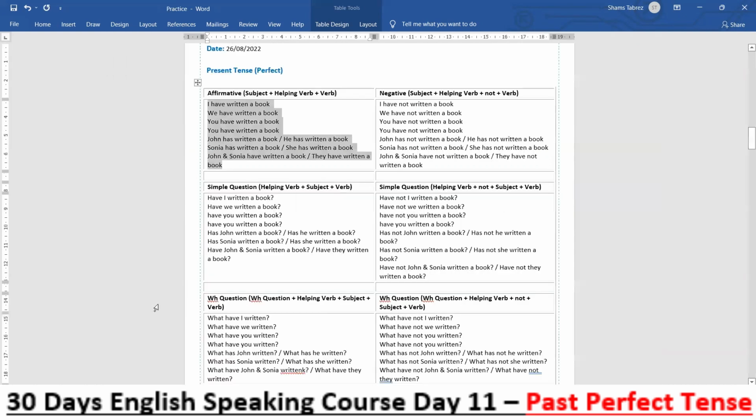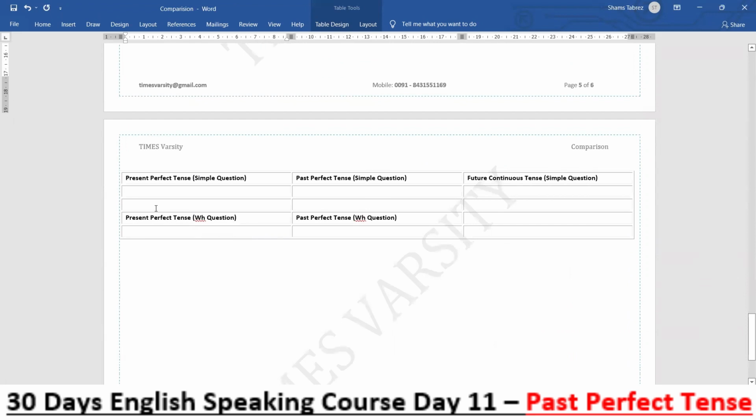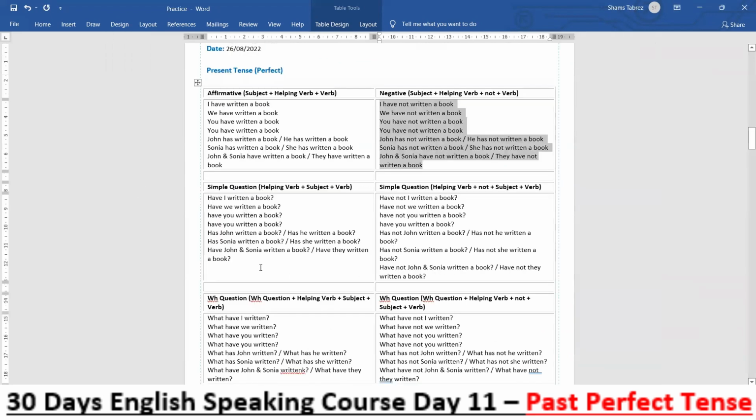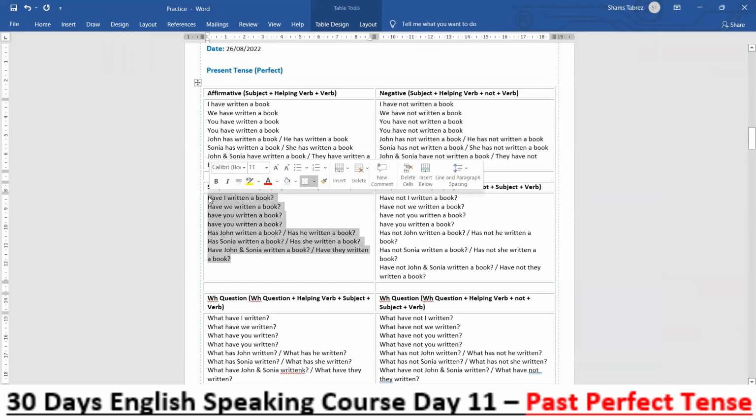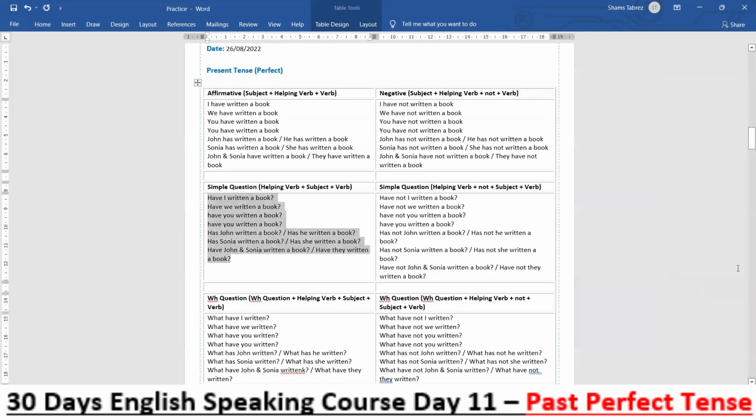Then we have present perfect tense negative. Then we have present perfect tense simple question. Present perfect tense WH question.